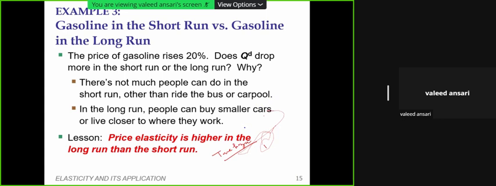But in the long run, they will search for substitutes and then switch over. So the longer the time period, the more elastic will be the demand. The shorter the time period, the lower will be the elasticity. So elasticity will be greater in the long run in comparison to the short run.